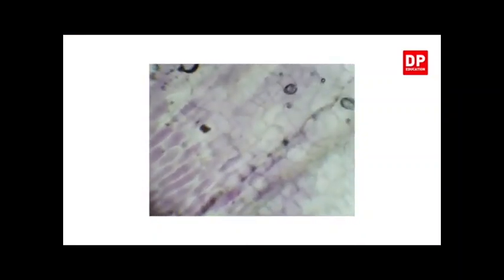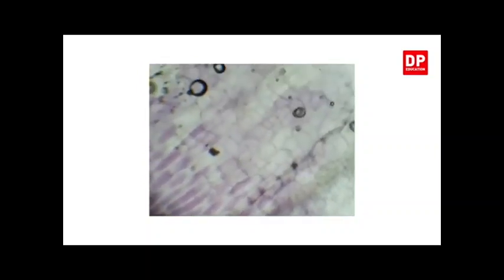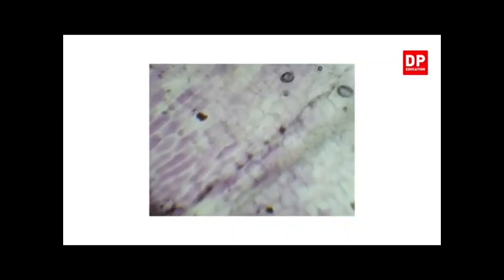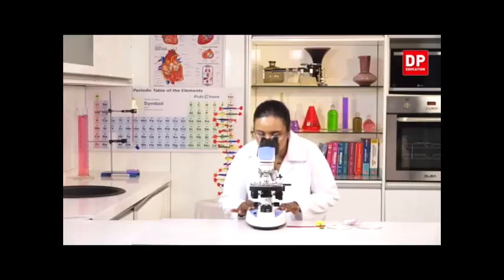When I move the fine adjustment knob, now I can see, as you also can see, the specimen clearly. You can see the polygonal shaped cells and you can see a distinct boundary at the cells, a thick boundary which you did not see in the previous specimen.